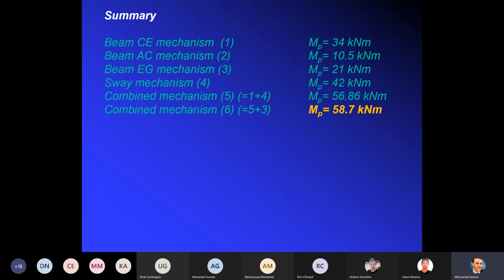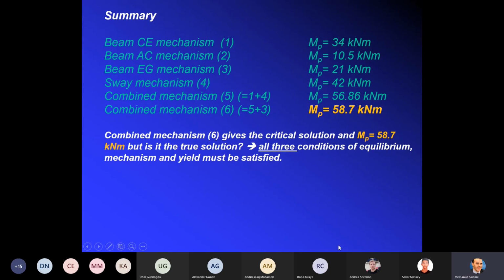And the critical mechanism, the solution, is this one here. It's the highest value of MP, the largest value of MP. And what you can conclude from this exercise is you never know what mechanism will give you the critical solution. You never know in advance.